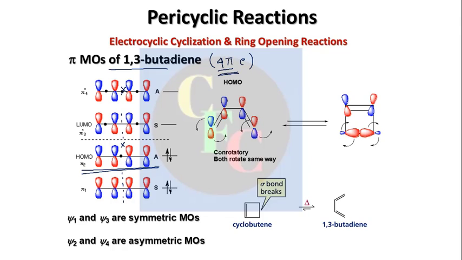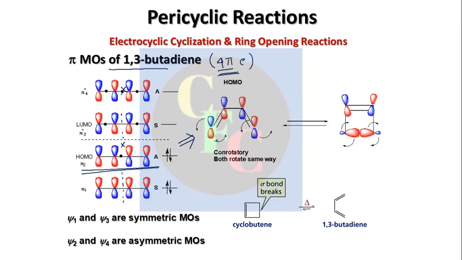In a pericyclic reaction we will only consider these HOMOs, the highest occupied molecular orbital, where the electrons are. In this panel the same molecular orbital is drawn in this fashion. If you see the lobes here, they are not in the same phase. Now to form a bond, the lobes that overlap have to be in the same phase.